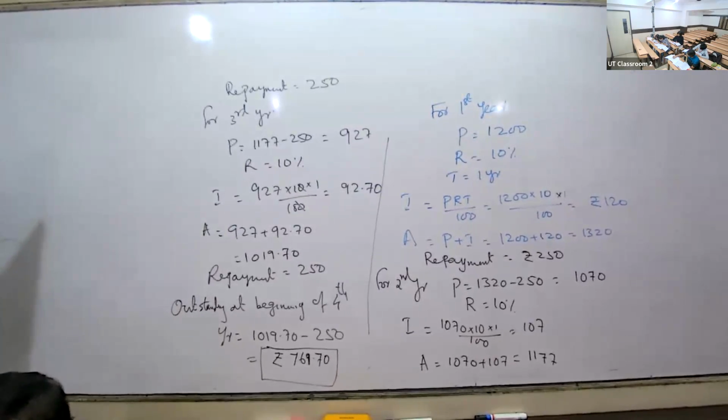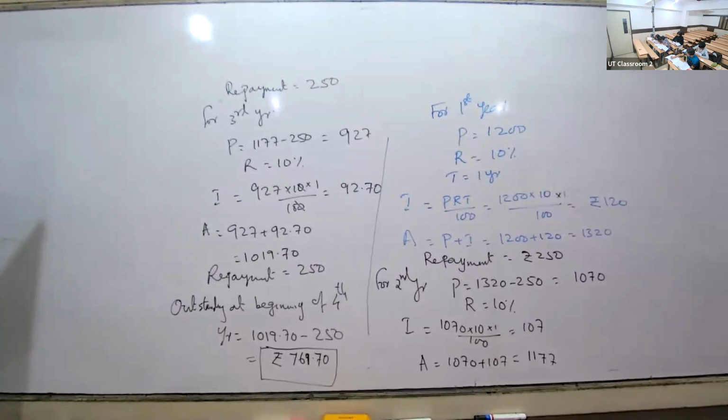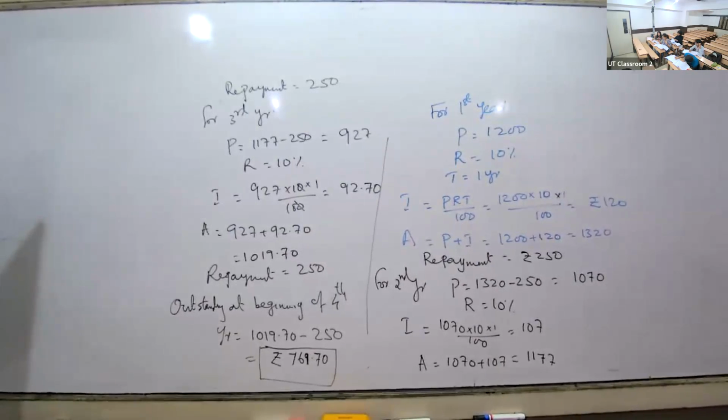Two zeros cancel, multiply 75 and 15. 11,250.